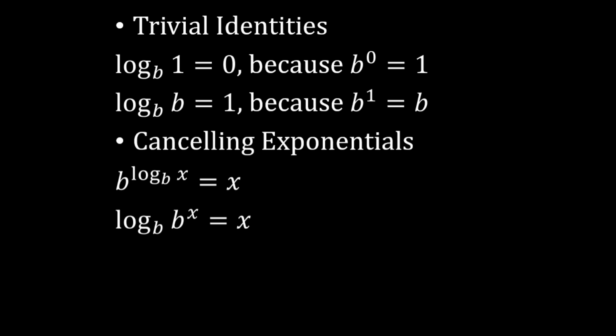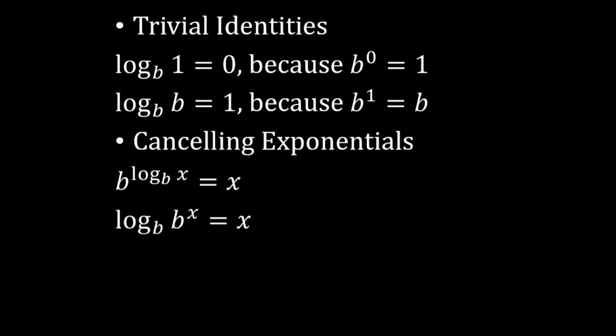Logarithm of b to the base b equals 1 because b to the power of 1 equals b. From here we know logarithm of any number to the base itself equals 1 because any number raised to the power of 1 equals itself.